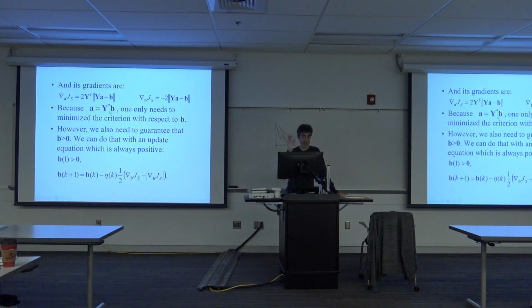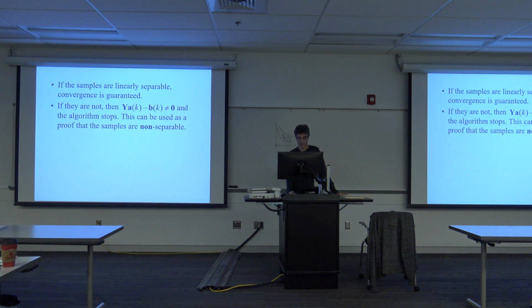Given a fixed b, like in the other algorithms that we have seen, we can compute a in closed form and then apply the gradient for b and get a better b, and iterate until it converges to a solution. Now, if the samples are linearly separable, this algorithm is guaranteed to find a solution.